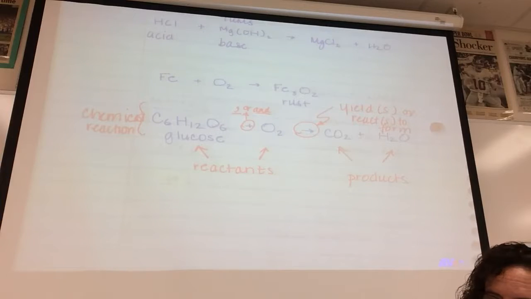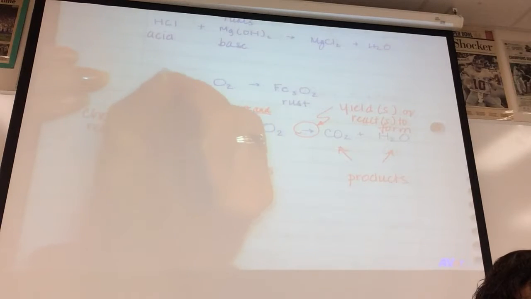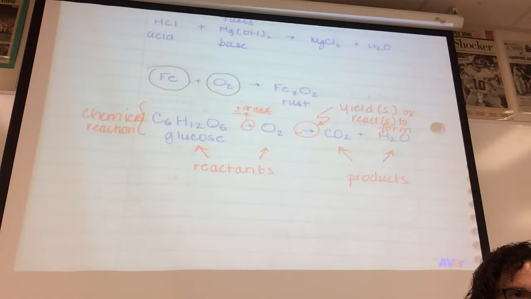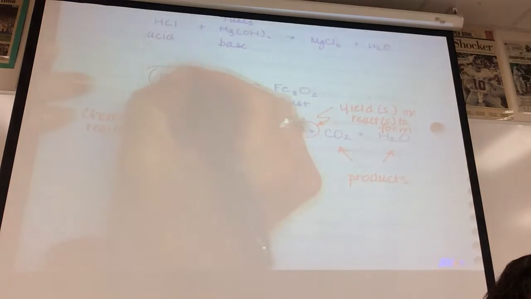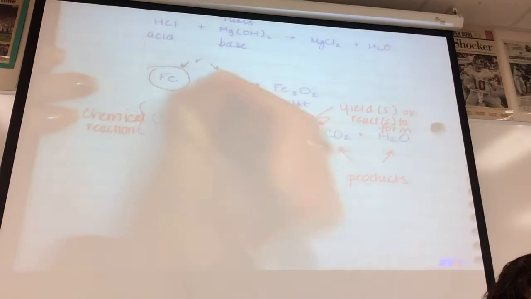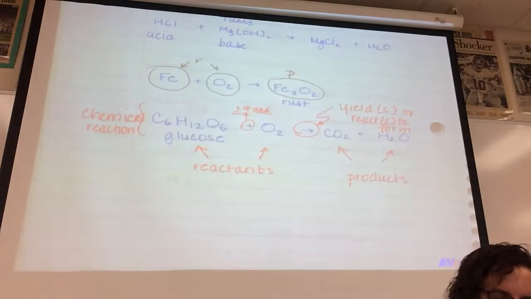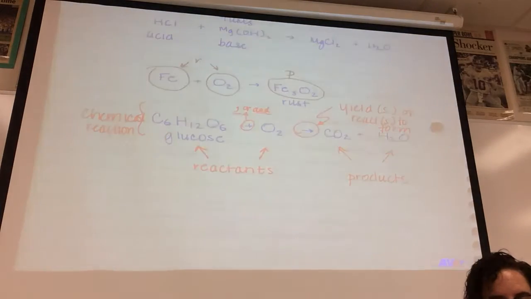If we look at this equation here, would these 2 substances be reactants or products? Reactants, because they're on the left side. So these are R for reactant. So the rust would be the product. All right? So if I gave you a chemical equation, you could label the pieces. Good.